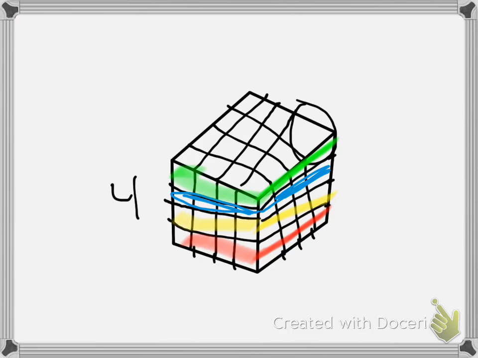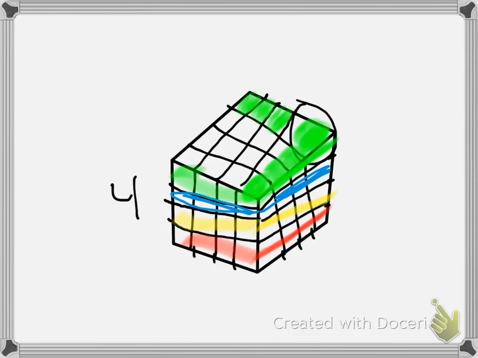So 4 layers. And then each layer has 1, 2, 3, 4 times 1, 2, 3, 4.